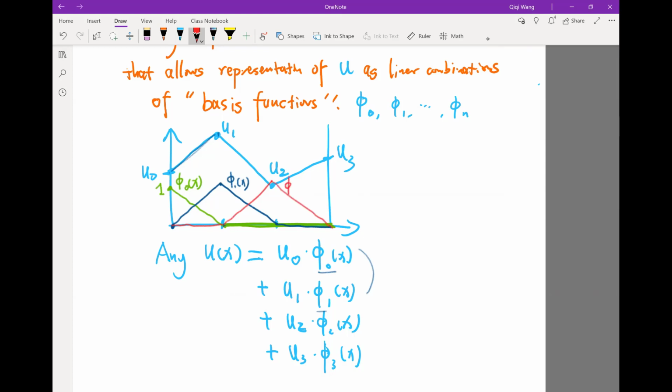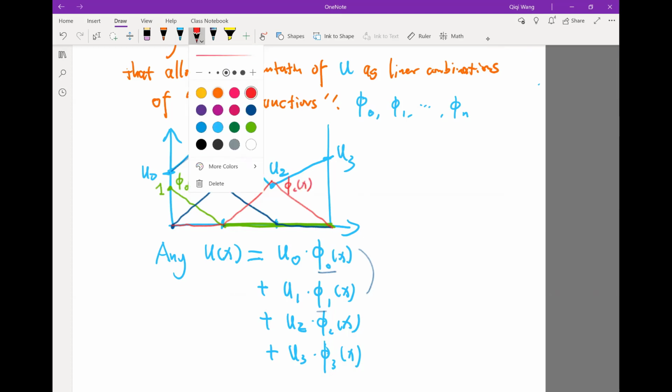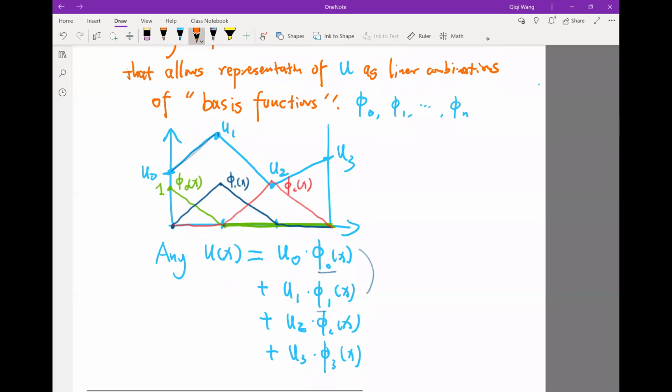That would be phi2 of x, and phi3 of x is going to be something like this. Phi3 stays 0 for the first two elements, and increases linearly to the value of 1 here. So that will be phi3 of x.